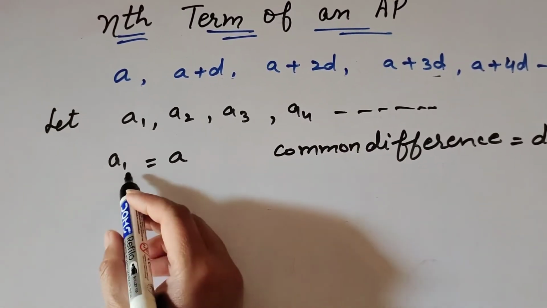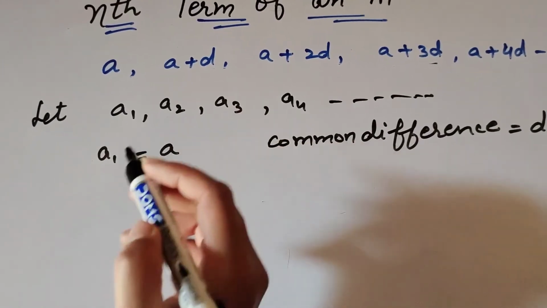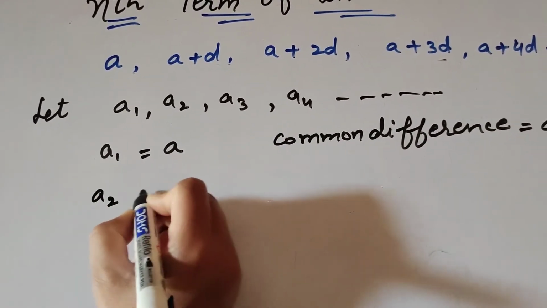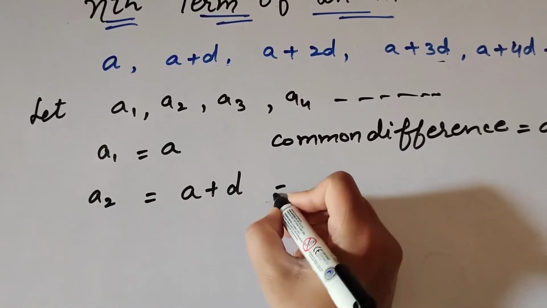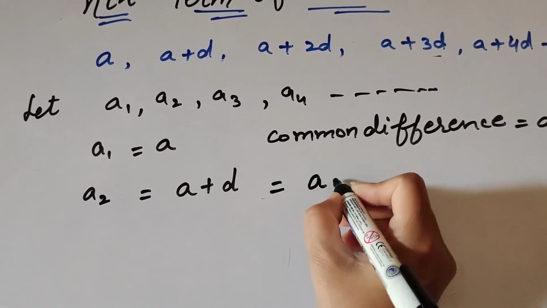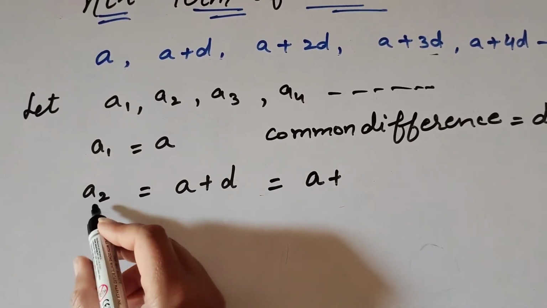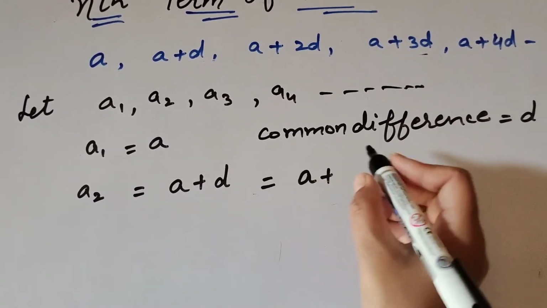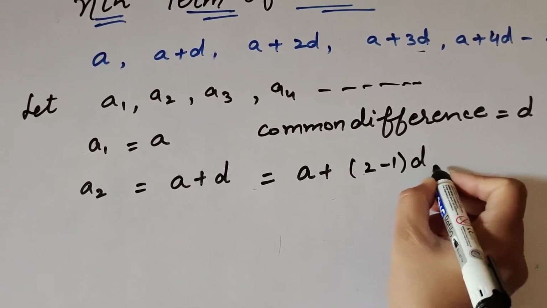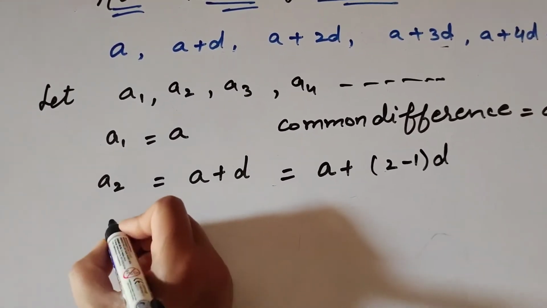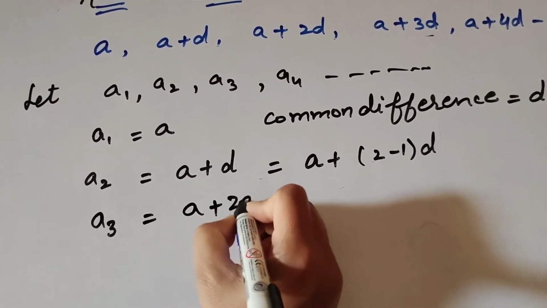In this, a1 is equal to a, the first term. Now we write a2 equal to a plus d. A plus d is the second term. We write it as 2 minus 1 d, which is equal to d. So a3 is equal to a plus 2d.